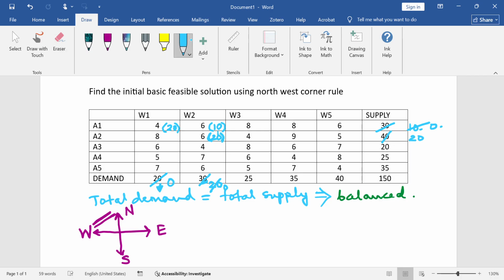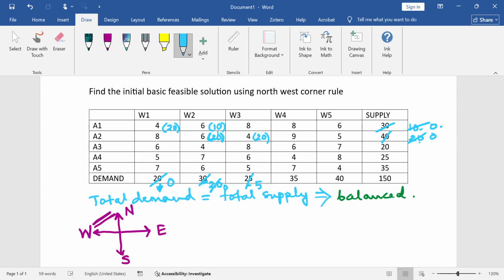Now W2 is exhausted. But still there is a supply with A2. So we move to the next possible cell where we can make an allocation. And now here we see that the demand is 25 and the supply is 20. So I can supply 20 over here. So the supply gets exhausted and we are left with a demand of 5.